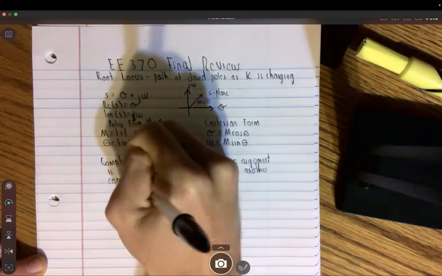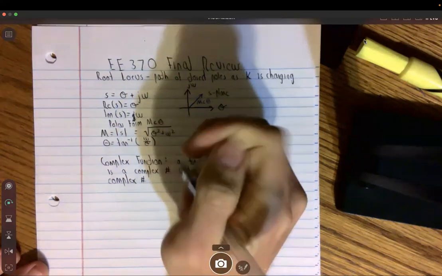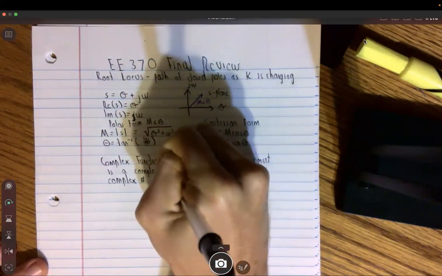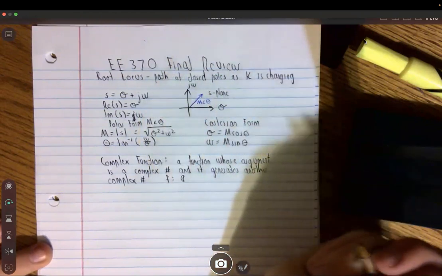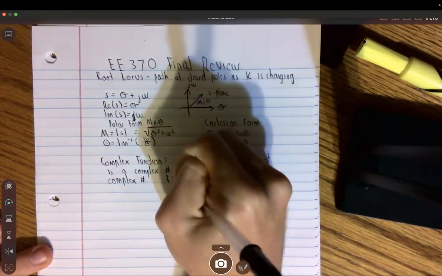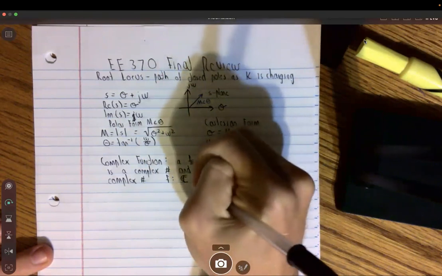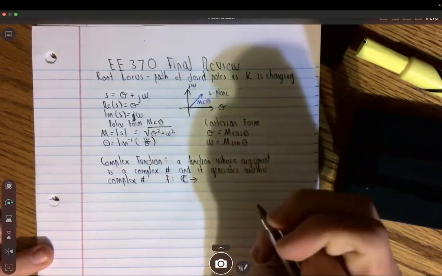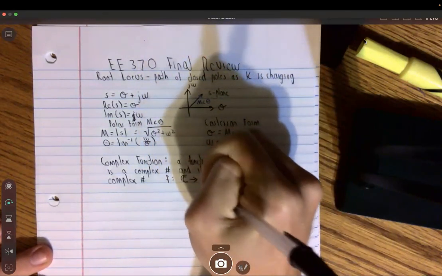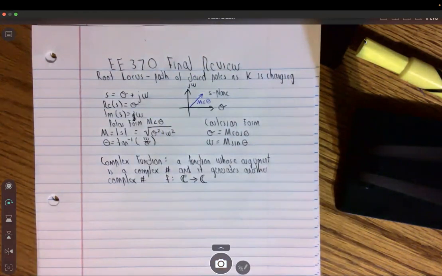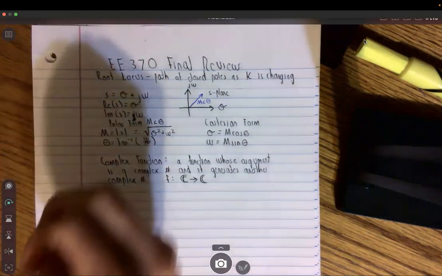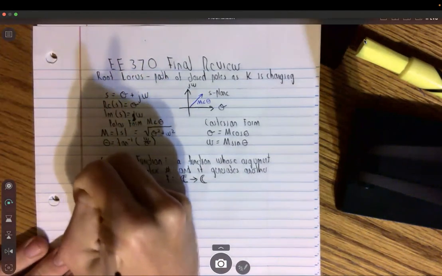In mathematical notation, we just say a function takes in a complex number, so the C for the complex numbers, and the arrow represents generating another complex number. What we're going to do is have an example.